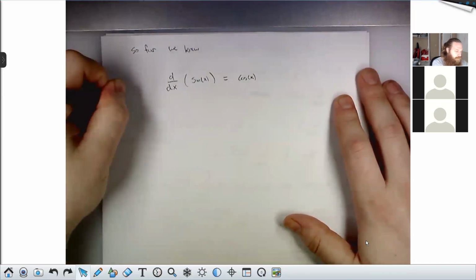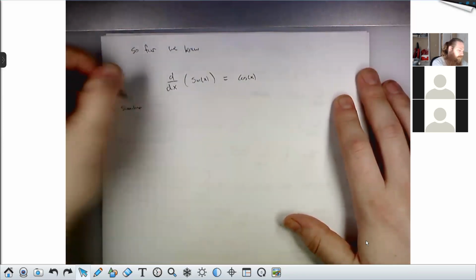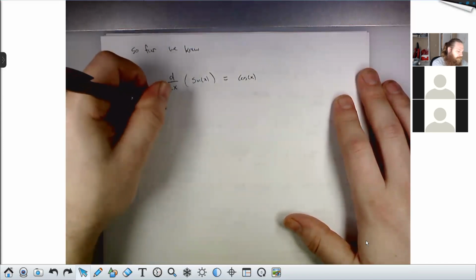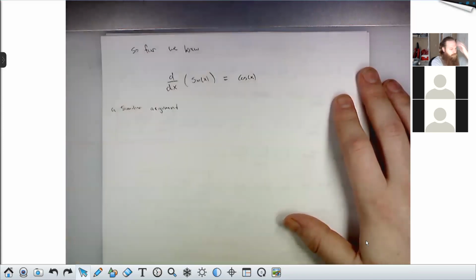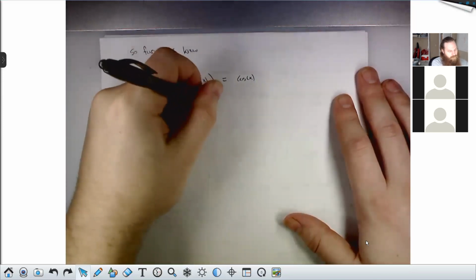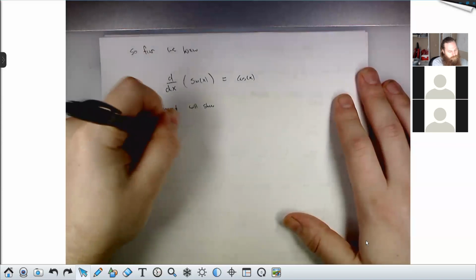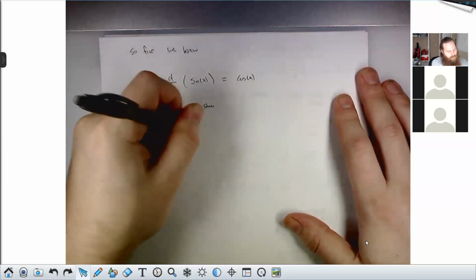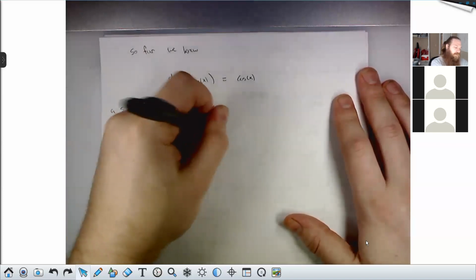And a similar argument, really the same argument, involving all the same special trig limits, will show that d dx of cos x is negative sine x.